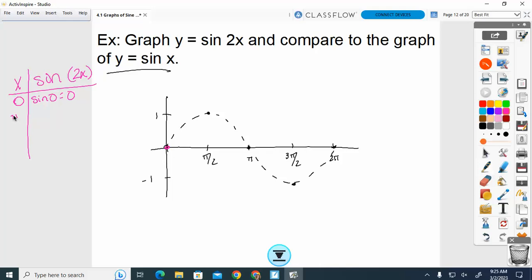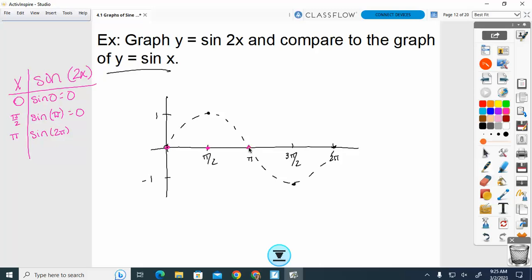If I put in pi over 2, 2 times pi over 2 is pi. The sine of pi, if I look at this graph, was 0. If I put in pi, I get the sine of 2 pi, which is 0.